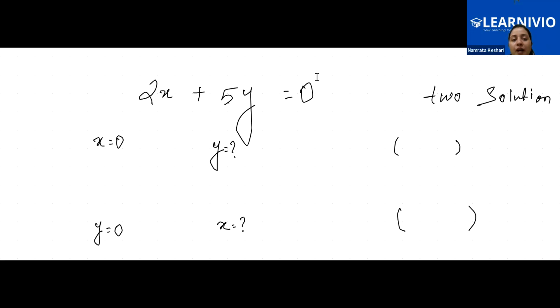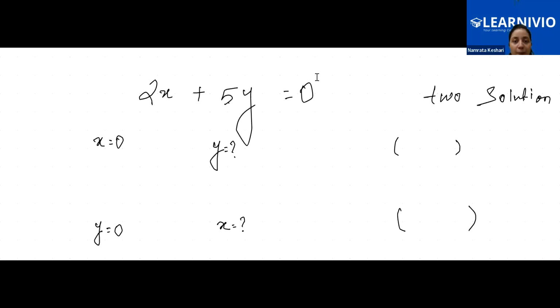Are you able to find it, Sara, Sazia and Ayan? No, ma'am. Two solutions we have to find over here. When you have taken x as 0, what did you get as the y value?